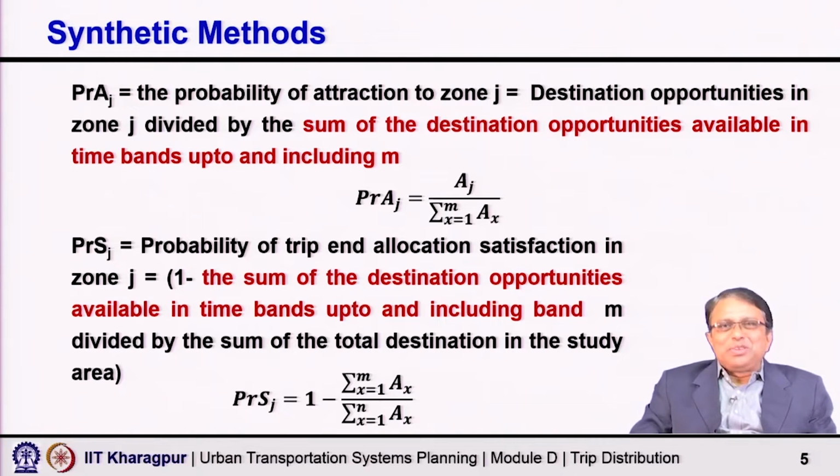Let me go back to the same example. I am referring to that example only, that suburban station or route, which does not end at station 5. Maybe it goes up to station 10.